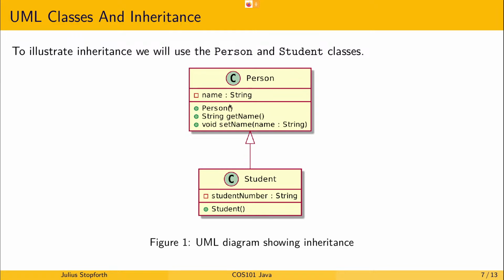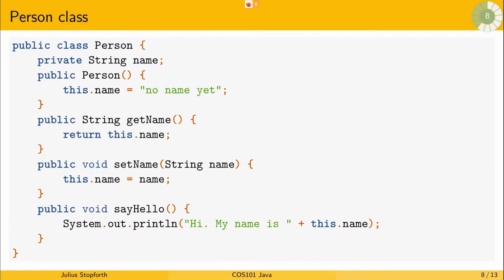All right. Then for our class student, it inherits from the person, and it has another attribute in addition to all the person's attributes. It has a student number attribute, which is a string. And then in addition to all of the methods that a person has, it has a constructor for a student. All right. So now, in a file called Person.java, we will define the person class.